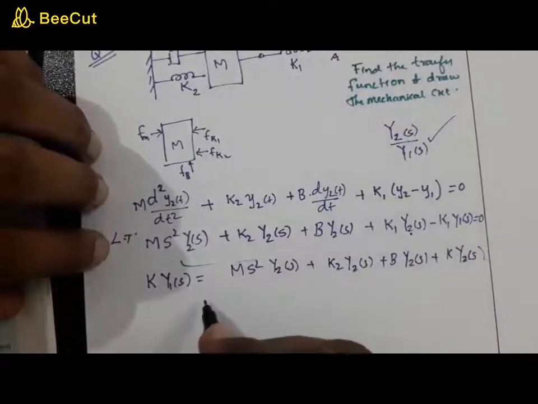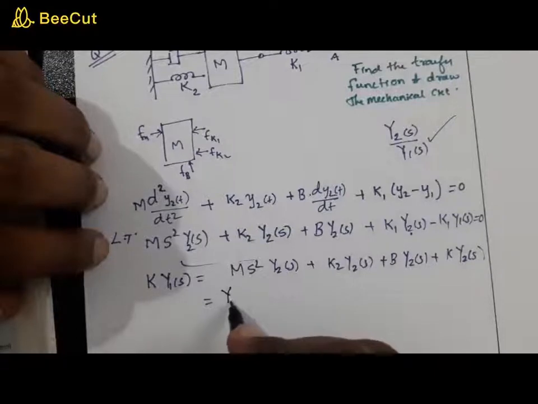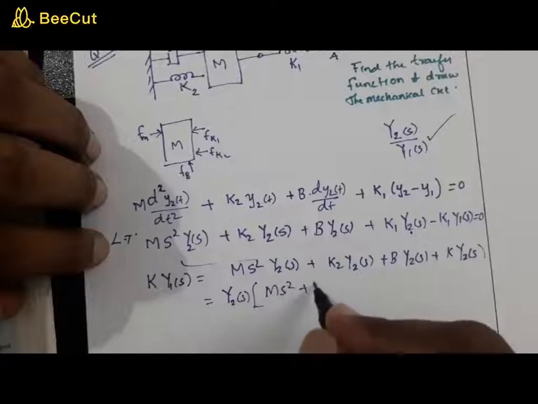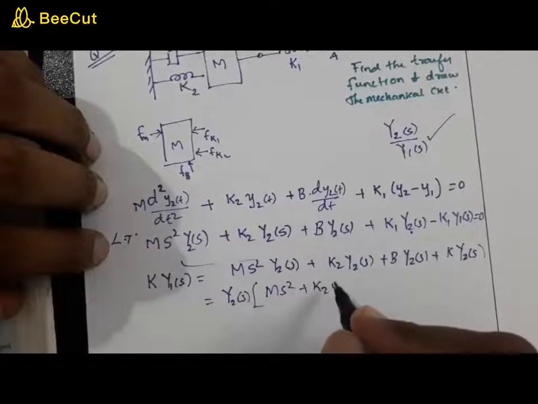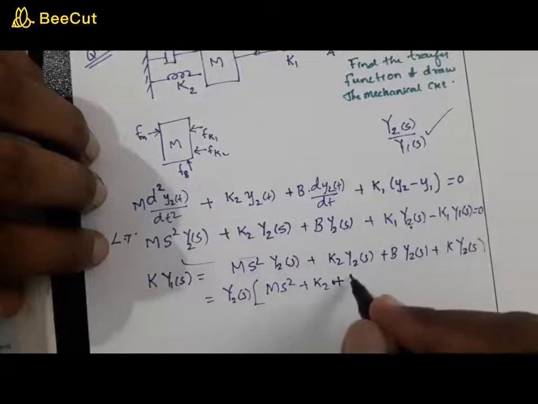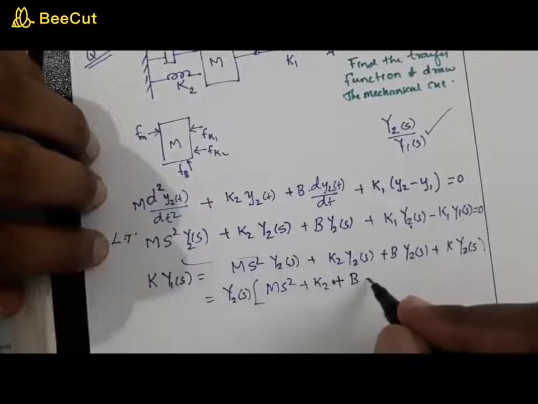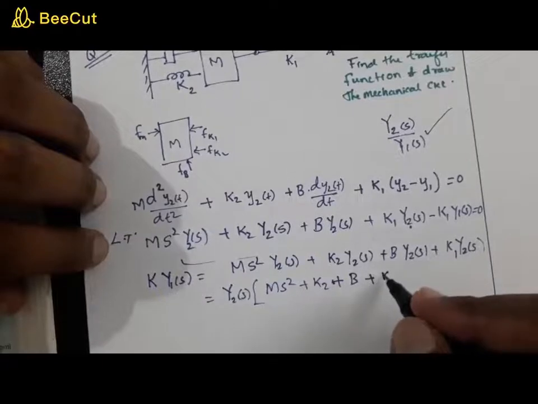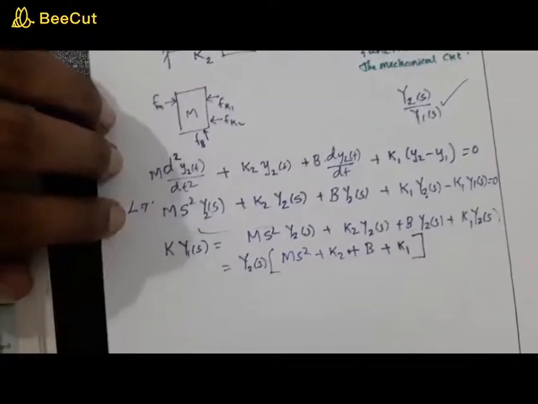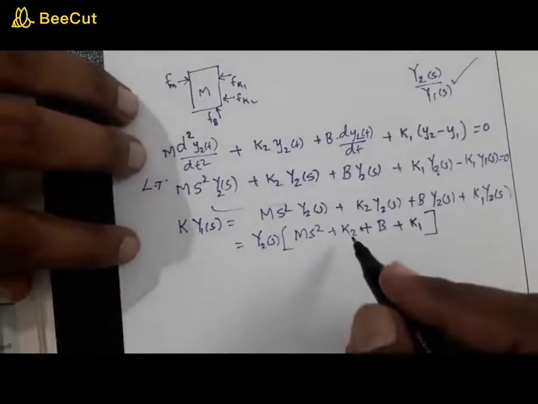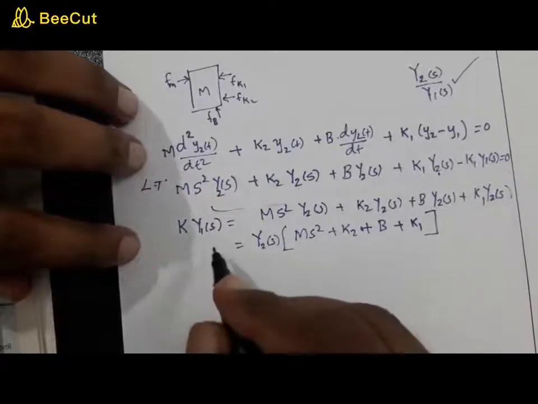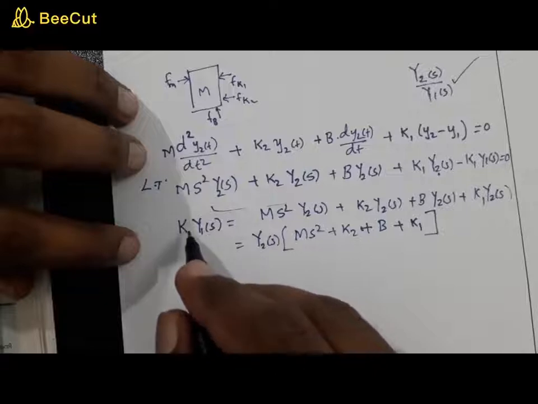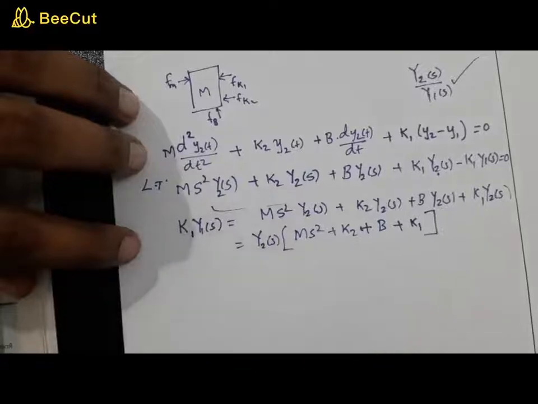Now you can take y2 of s outside, so that y2 of s is multiplied by ms square plus k2 plus b s plus k1, and this equals k1 y1 of s.